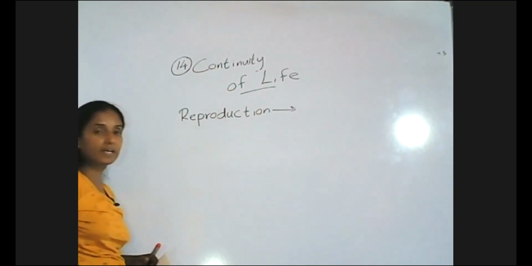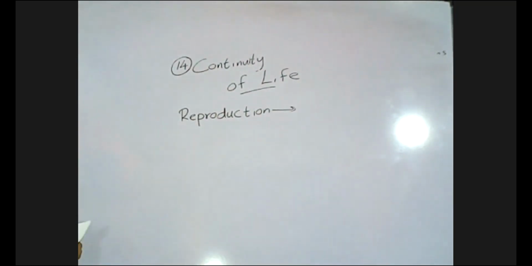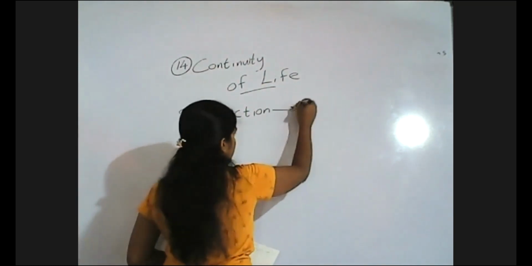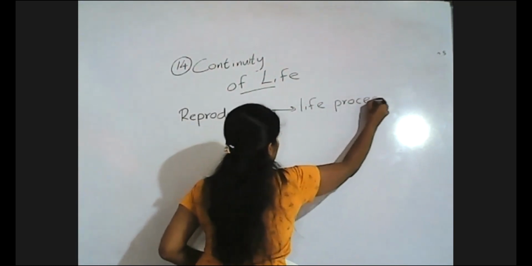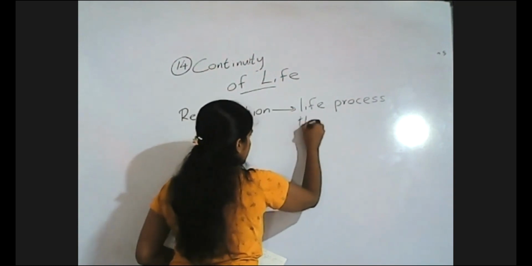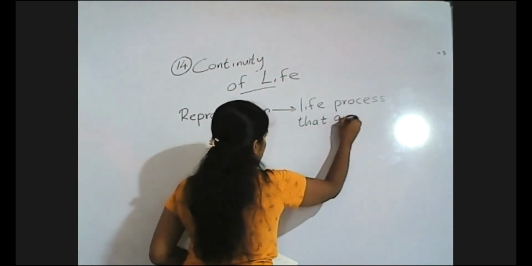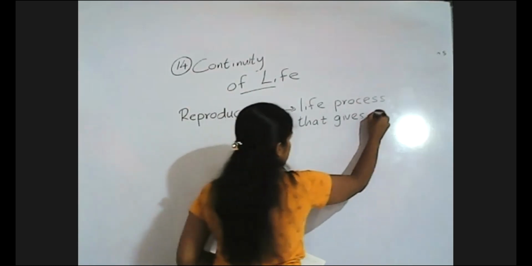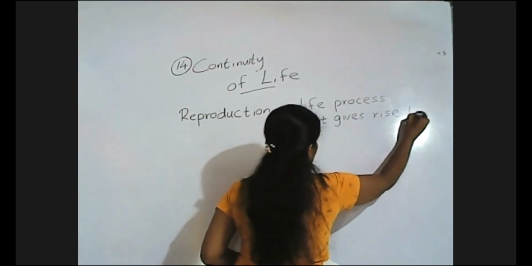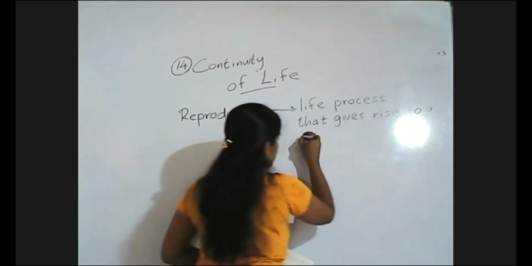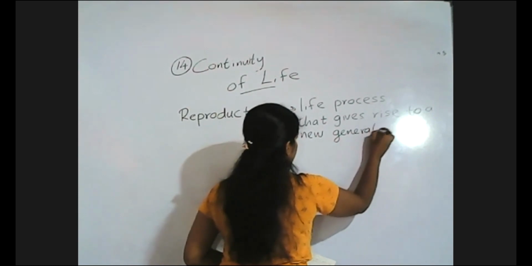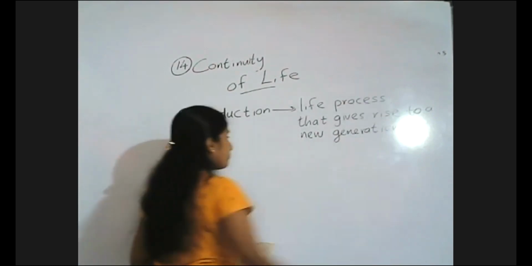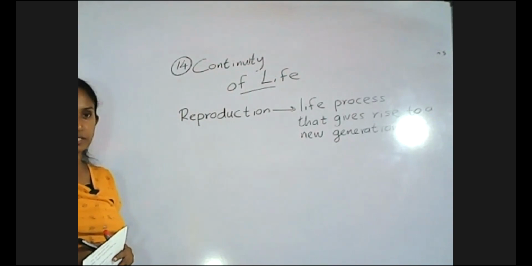What do you mean by reproduction? Simply how we can explain the term reproduction. That is a life process, or a biological process that gives rise to a new generation.